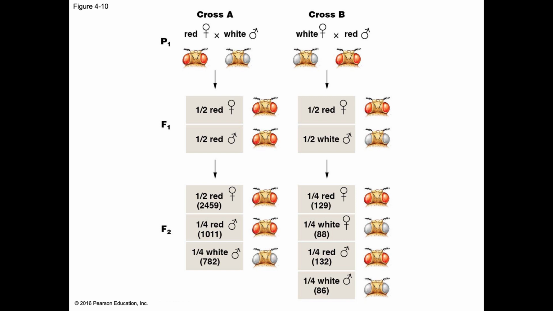And so what they're showing here were his results. And the other reason that he came to the conclusion that this gene was on the X chromosome is because it also mattered which parent carried the white eye allele. And so we can do a Punnett square for X-linked traits as well.